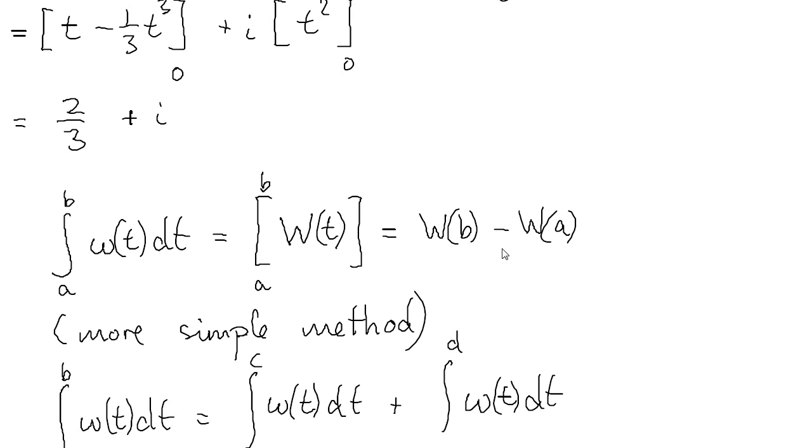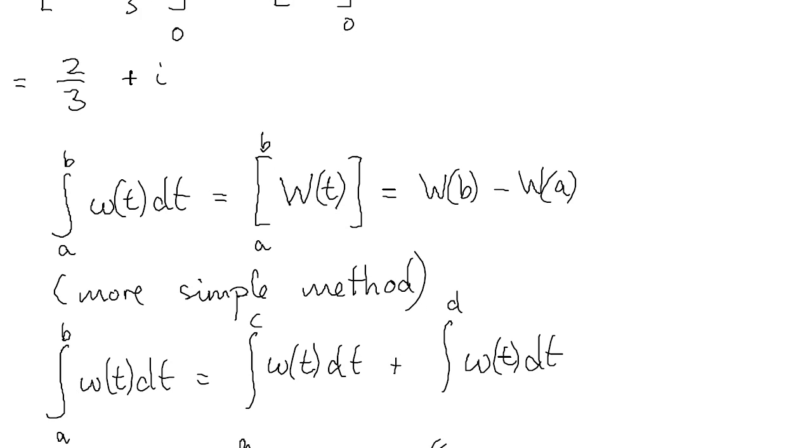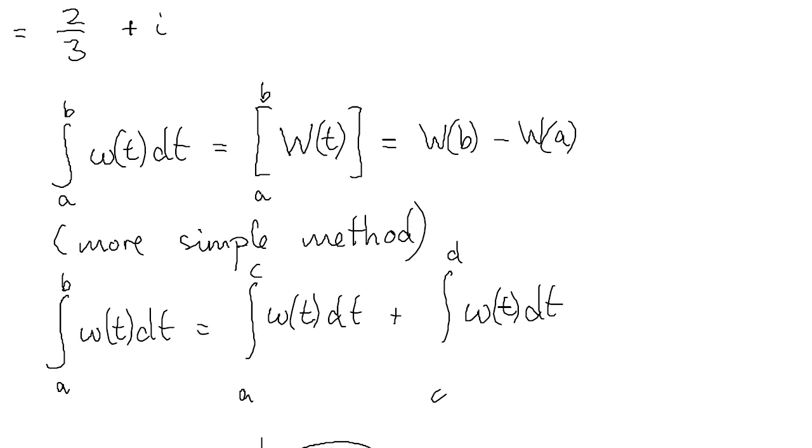So we take the antiderivative of the function and insert b minus the antiderivative at the first limit point a, exactly as in the real case. So this often is a much simpler method.